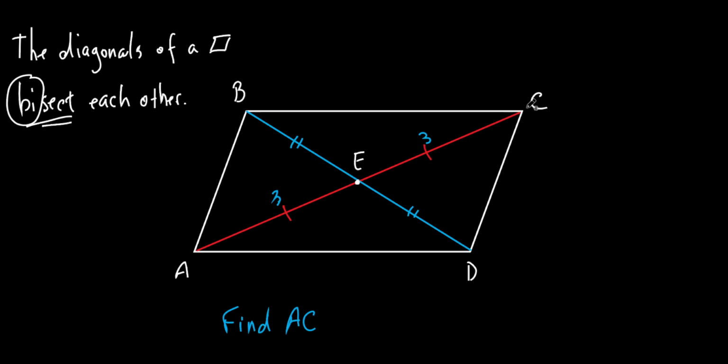Then A to C would be 6. Everybody with me on that? What if I told you that BD was 8 and I asked you to find BE? BD is the whole thing, and if the whole thing is 8, this part right here has got to be 4, and this part right here has got to be 4. You with me? All right. Let's do an example.